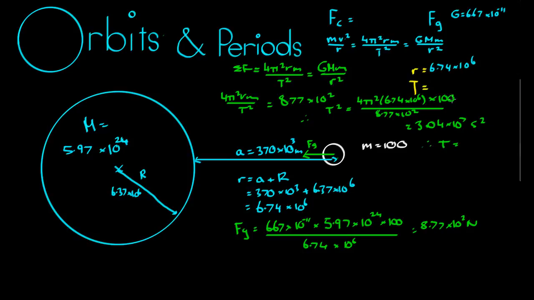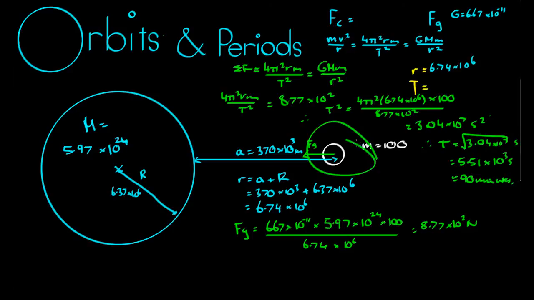Therefore, t equals the square root of that, the square root of 3.04 times 10 to the 7. Once you square root it, it'll come out as seconds, which equals 5.51 times 10 to the 3 seconds, which is around about equal to 90 minutes, which is the period of the ISS.